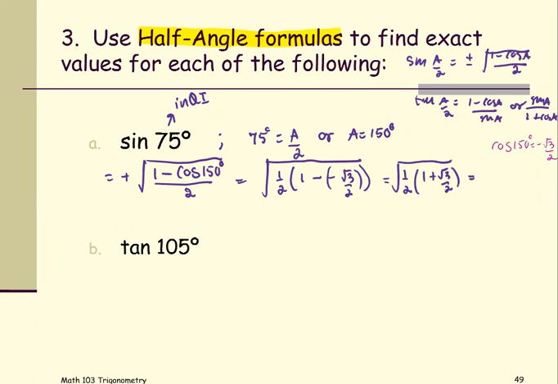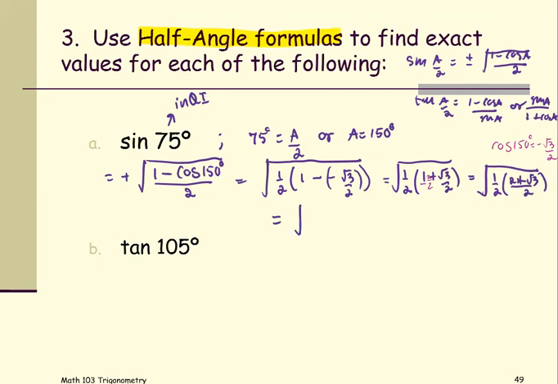Combine the terms 1 and square root 3 over 2 using the common denominator 2, so it's going to be 2 over 2 here. And then it turns out to be the square root of 1 half multiplied by 2 plus square root 3 divided by 2.